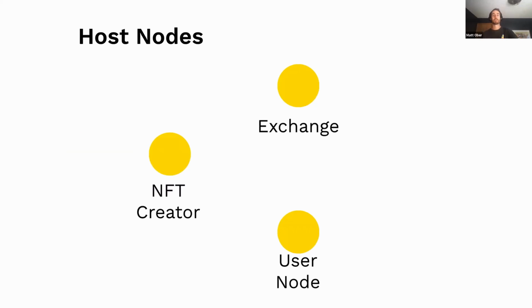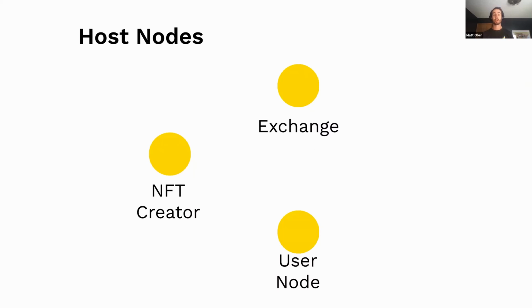So what do these host nodes look like behind the scenes? I'll use NFTs as an example here, as I'm sure it's one that many of you are going to be very familiar with. Now, these nodes may take the example of an exchange of NFTs that is hosting that data for all of the NFT projects. Or it may take the case of an NFT creator.